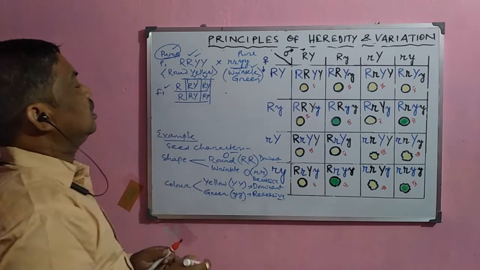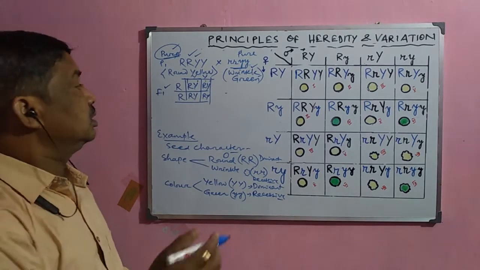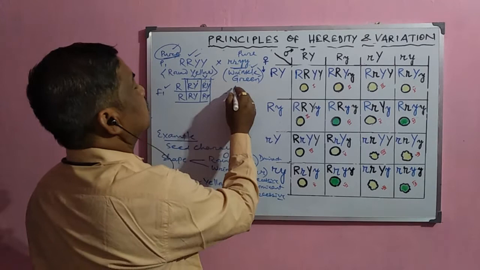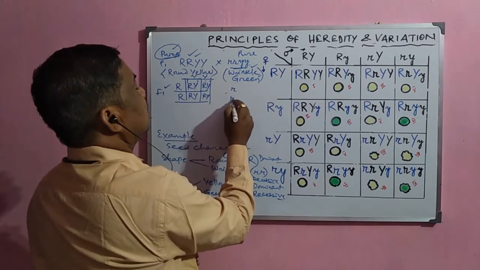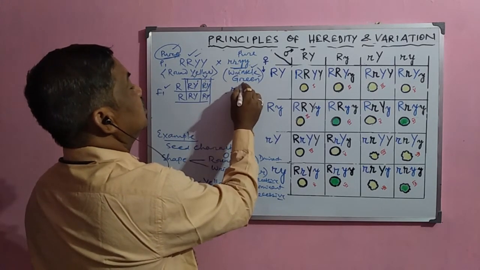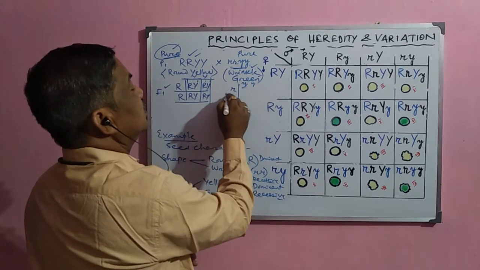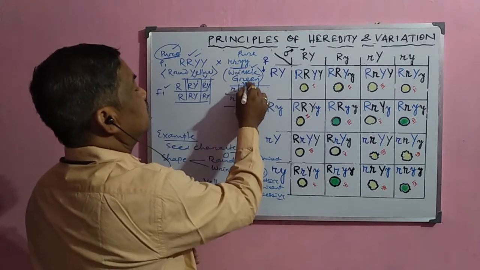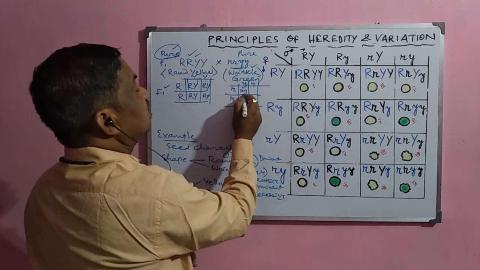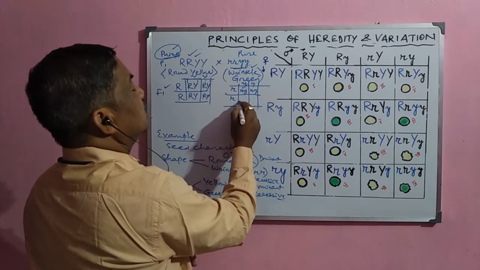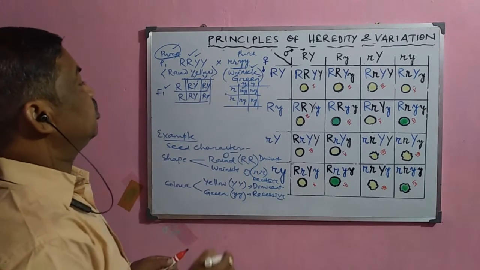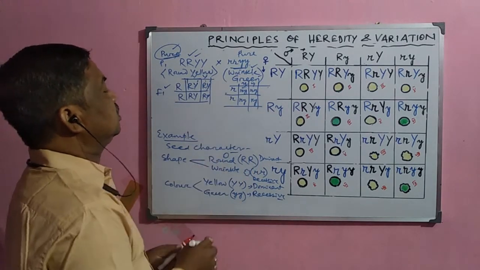So all are RY type of gametes normally observed here. Then for the recessive parent, it is r and r, y and y, and there are normally 4 gametes of the same type, ry, ry, ry and ry. So these are the 4 gametes of the recessive type observed.